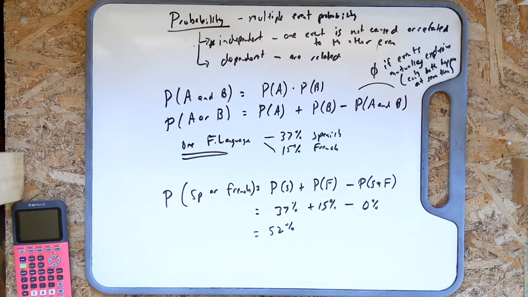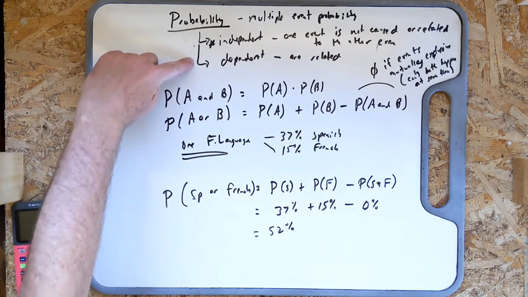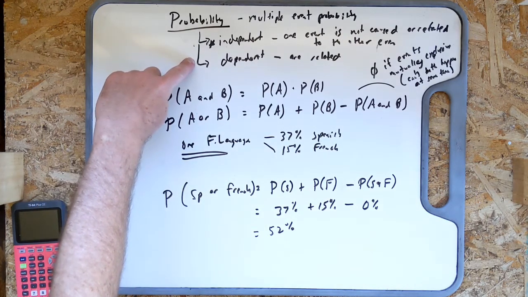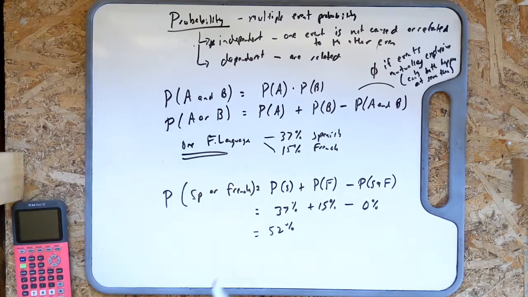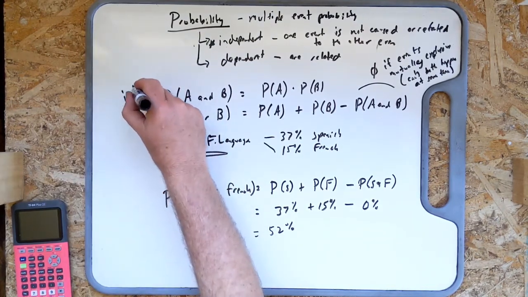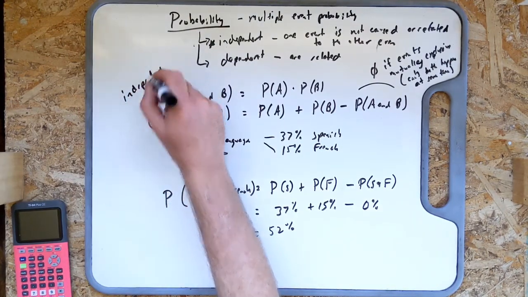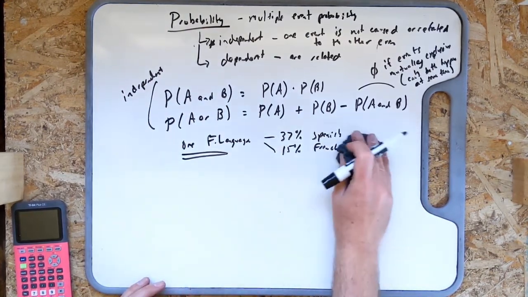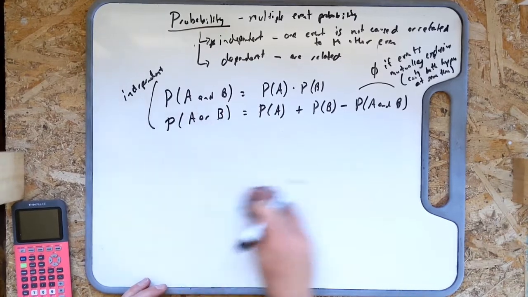Okay, the last thing we're going to do is the dependent or related probabilities. So again, these are independent events. We're now going to do dependent events, where one actually is related to the other one.